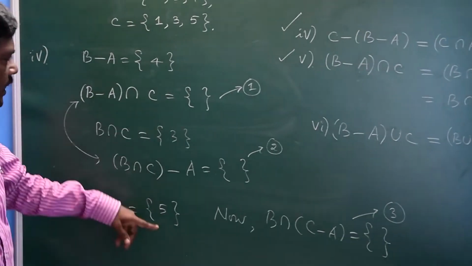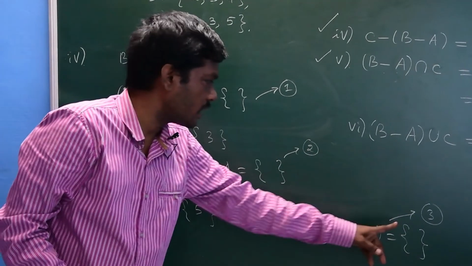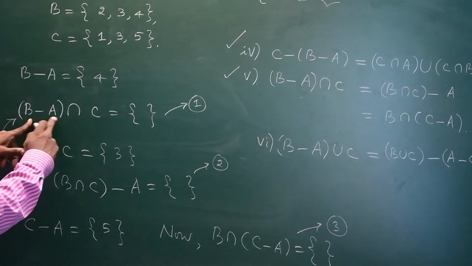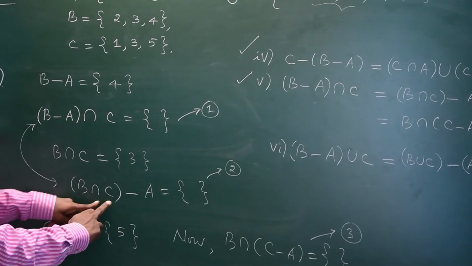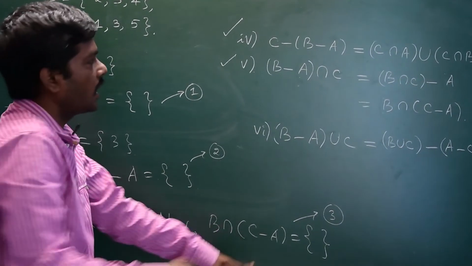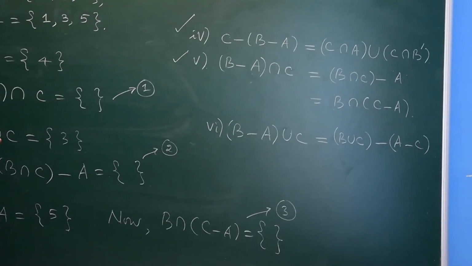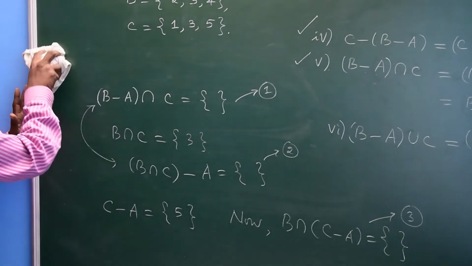Now combining 1, 2 and 3, we see that B minus A intersection C is the same as B intersection C minus A, which is the same as B intersection C minus A, and that is the fifth result. So now let us write this down. Combining 1, 2, 3, this is the fifth result.